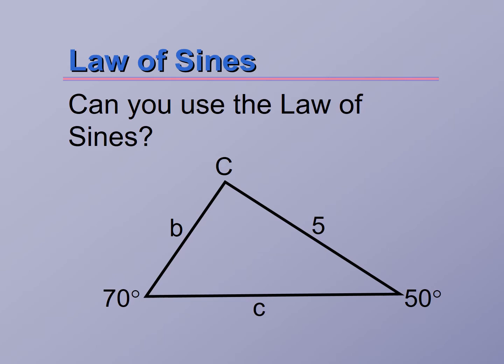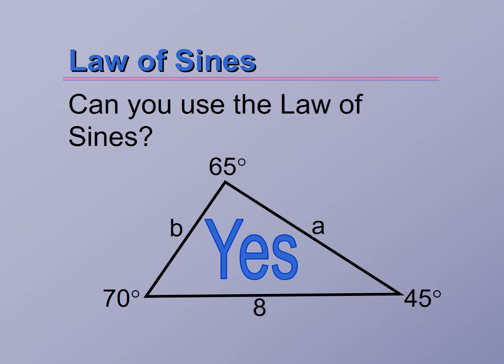So let's look at this triangle. Can we use the law of sines for this triangle? The answer would be yes, because we have angle, angle, side. We can also use law of sines for this one because we have angle, side, angle.